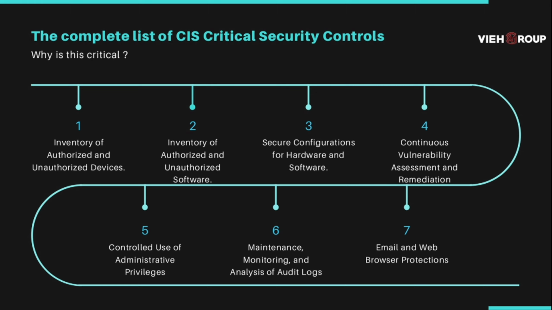Second, inventory of authorized and unauthorized software. Organizations must actively manage all software on the network so that only authorized software is installed. Security measures like application whitelisting can enable organizations to quickly find unauthorized software before it has been installed. Now, why is this critical?